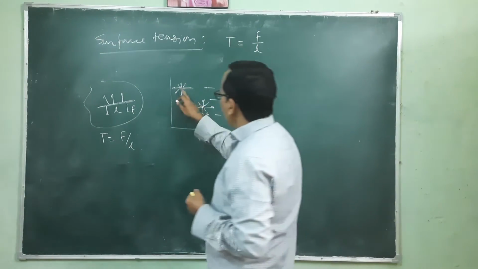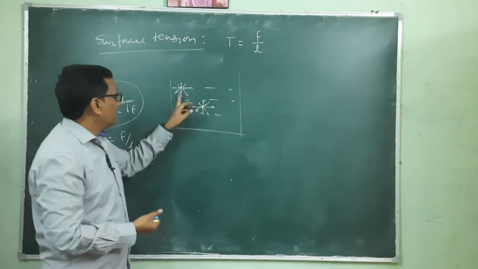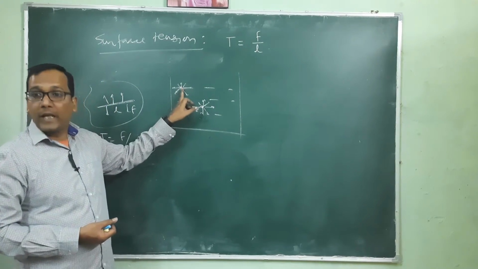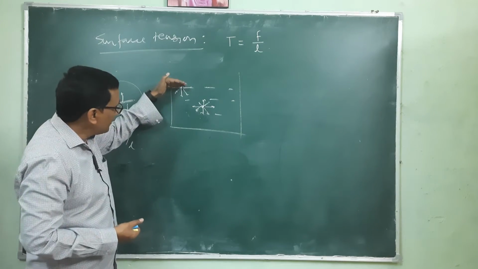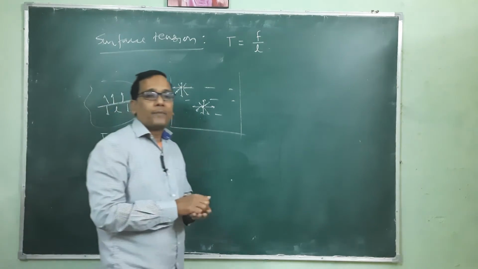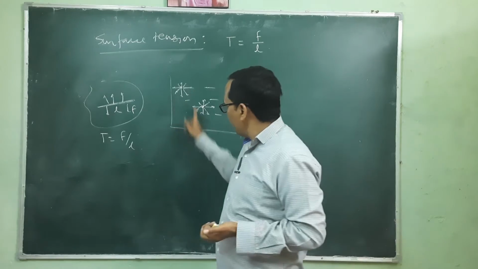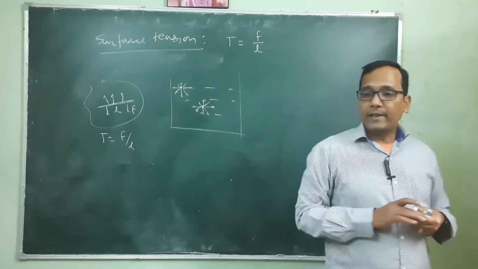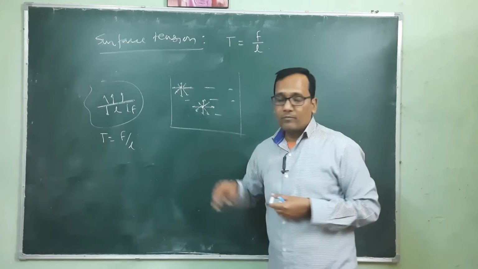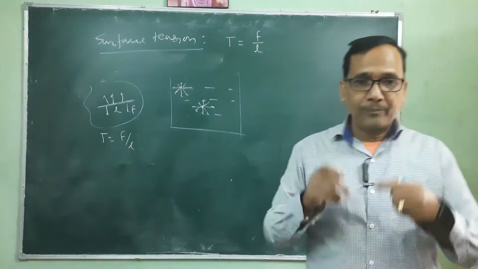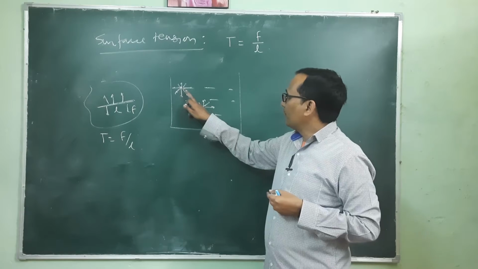So the situation of this particular atom is not in equilibrium. It is unbalanced, and it will try to move inside the liquid, and to fulfill this vacancy, some more neighboring molecules of that liquid will reach there.